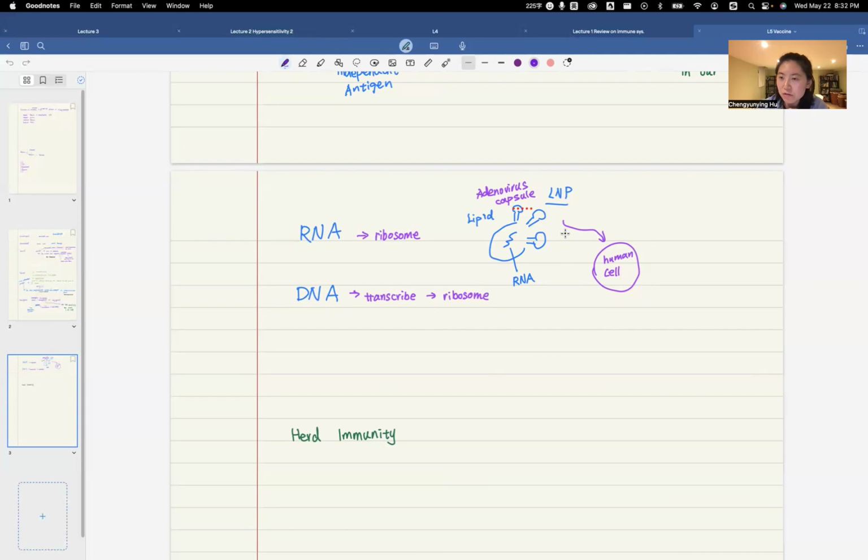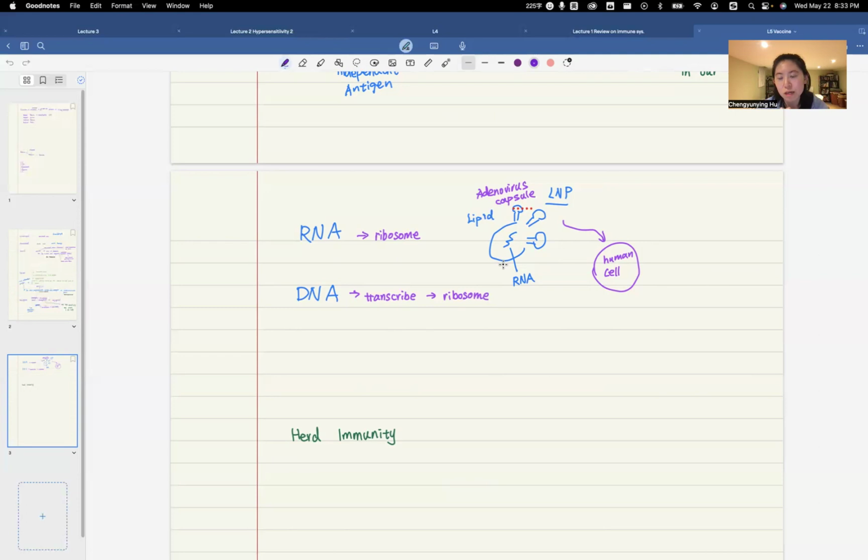Then we cannot give it to immune compromised patients? The answer is no. The fact is it's safe to give immune compromised patients. Why? Because the strand of RNA we give as vaccine only enables our ribosome to make a capsid of the virus, only parts of the virus. That makes the virus that our own cell produce harmless.